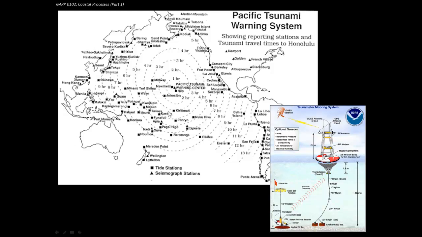And here's an interesting thing. You see travel times here. So if you have a tsunami, for example, if you have a big earthquake, say in Hawaii, and the tsunami is triggered, it'll take 1 hour, 2 hours, 3 hours, 4 hours, 5 hours. About 5 hours to reach California, right? About 8 or 9 hours to reach California, and then more than 12 hours or so to reach South America.